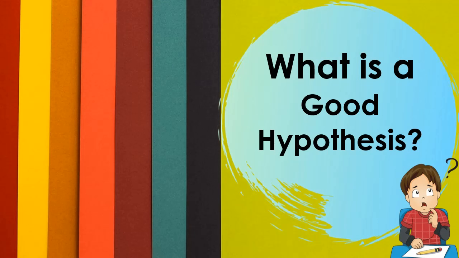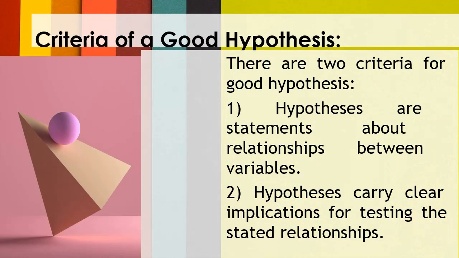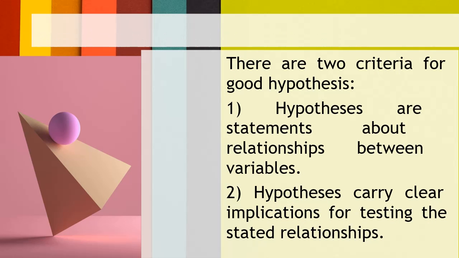What is a good hypothesis? There are two criteria for a good hypothesis. 1. Hypotheses are statements about relationships between variables. The relationship between variables must be explicitly stated. 2.